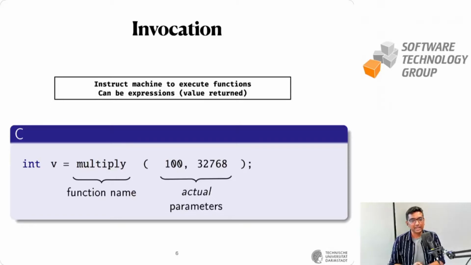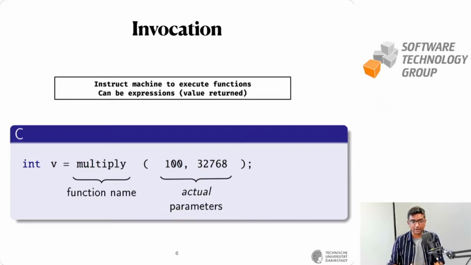And finally, we have invocations, which help the developer to call or tell the compiler that, hey, I want to perform the computation that this multiply function allows me to perform, but perform the computation with these two parameters, which are the actual parameters, which are bound to the formal parameters. We will look at different ways of how these actual parameters are bound to formal parameters.